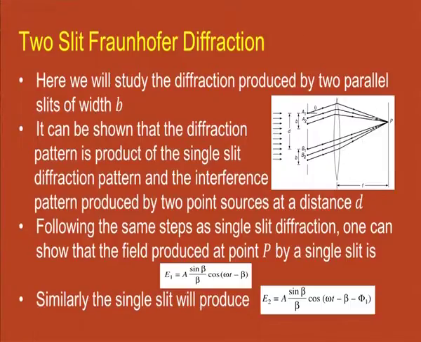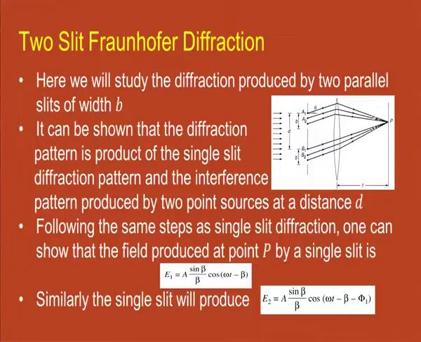Following the same steps as single slit diffraction, one can show that the field produced at point P by a single slit is E1 equal to A sin beta by beta into cos(omega t minus beta).